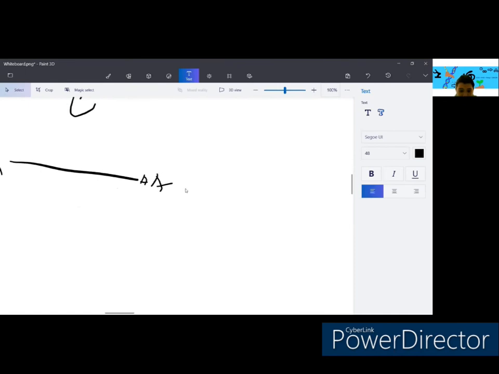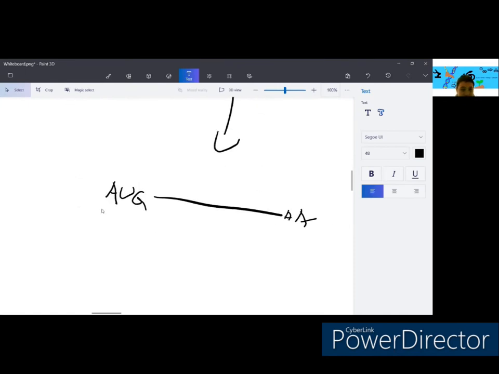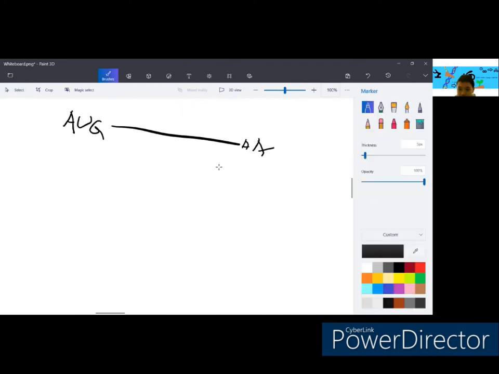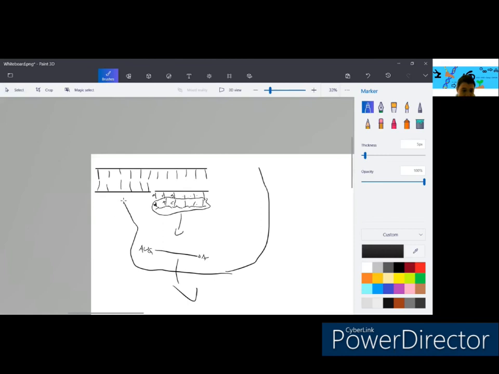And then what's going to happen is this modified RNA is going to go into a region outside of the nucleus. This is all happening inside of the nucleus, including the DNA, of course.